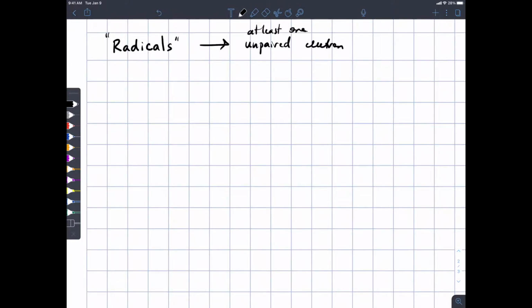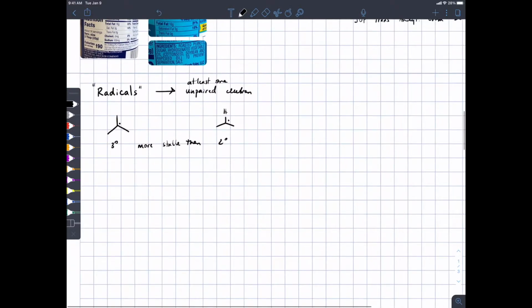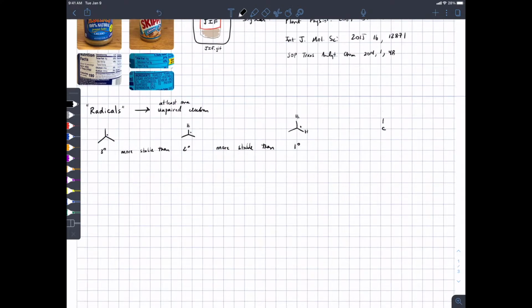So carbon-based radicals, you can think of in terms of stability just like carbocations. A tertiary radical is more stable than a secondary radical, which is more stable than a primary radical, which is more stable than a methyl radical.